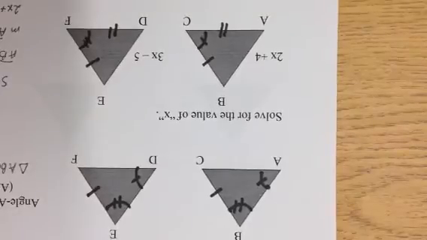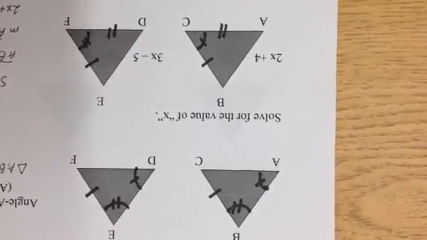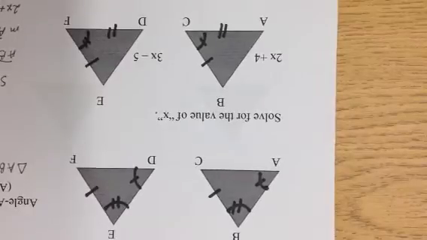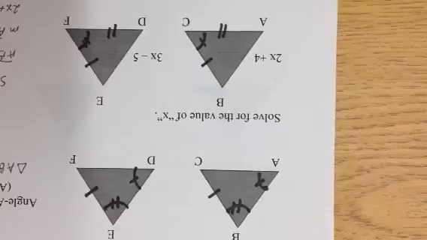So I'm going to eliminate my 2x by adding a negative 2x to each side. That gives me 4 equals x minus 5. Now I'm going to add a positive 5 to each side. And that gives me 9 equals x. And that is what they asked for, solve the value of x.